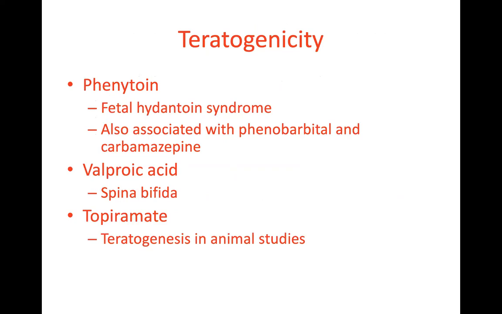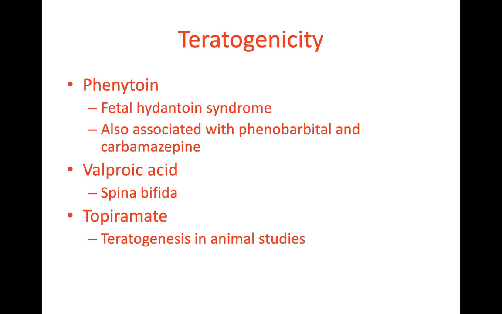With all the anticonvulsants, there is a concern with teratogenicity. With phenytoin, there is what is called fetal hydantoin syndrome, which has also been associated with phenobarb and carbamazepine. I mentioned valproic acid, with neural tube defects like spina bifida, and also some of the cardiovascular and orofacial concerns.